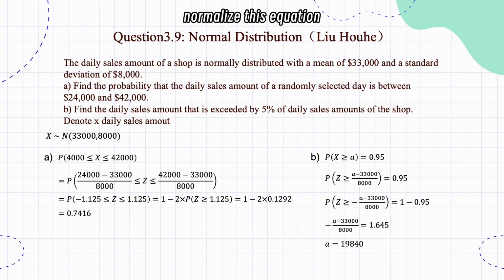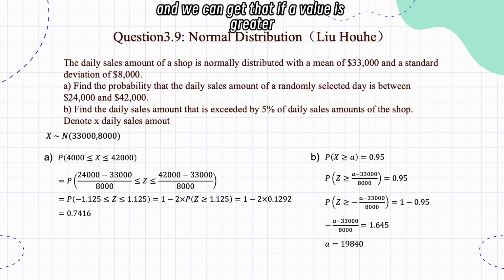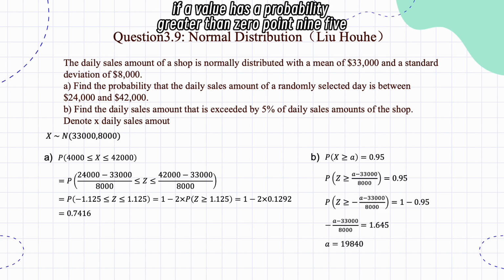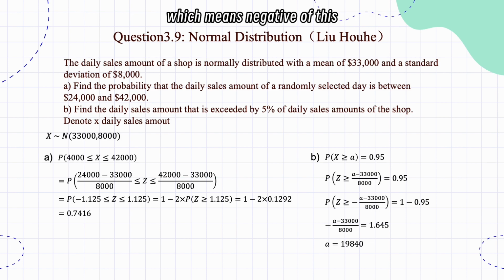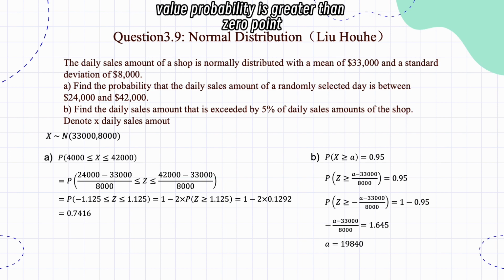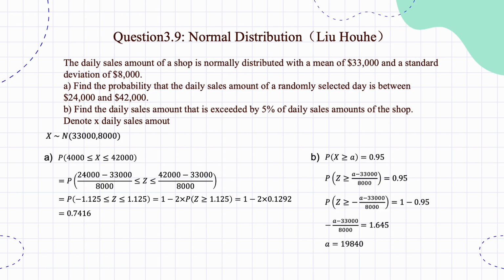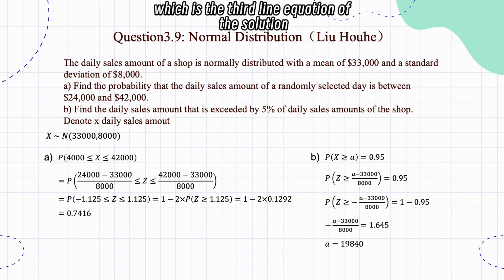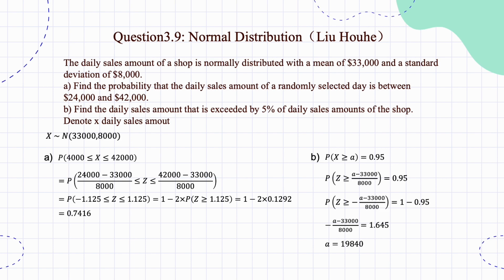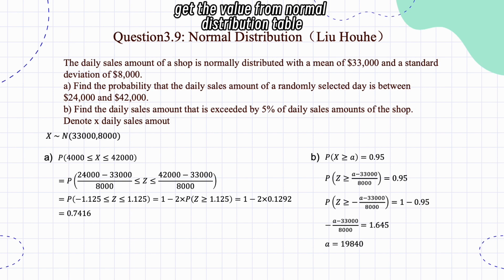Normalizing this equation, if a value has a probability greater than 0.95, then the negative of this value has a probability greater than 0.05, which is the third line equation of the solution. Getting the value from the normal distribution table, we get A equal to 19840.